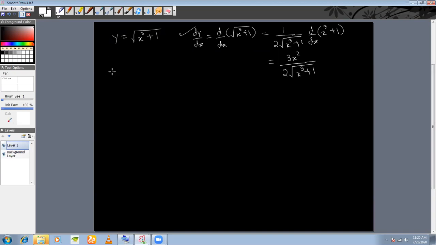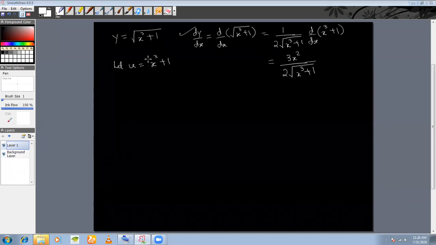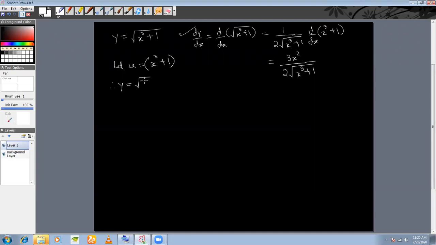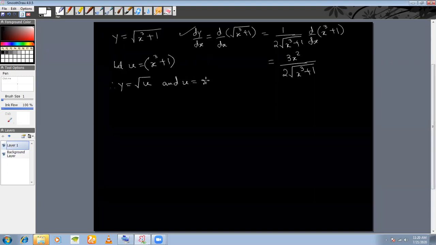Okay, so in order to apply the breakup by chain rule, what you do is let u is equal to x cube plus 1. Let u is equal to x cube plus 1. Therefore, y becomes square root of u, and u here is x cube plus 1.